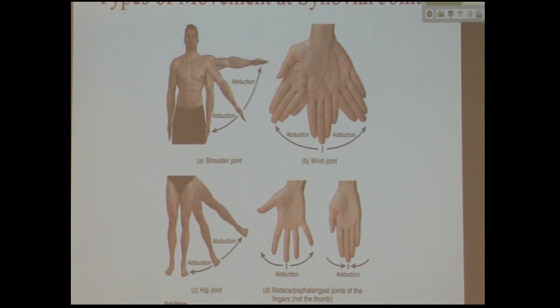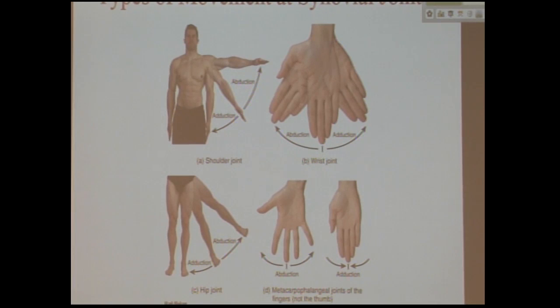You could also do it at your wrist. So if you go like so, and you can even do it at our hip. So abduction of a leg, all right? That's abduction. Adduction is back.